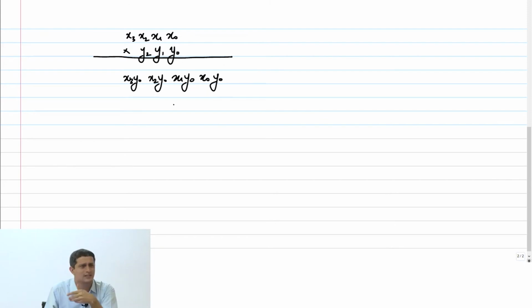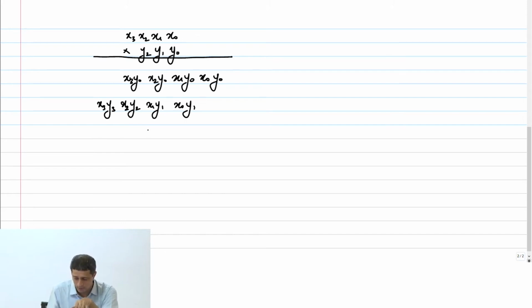This is exactly like how we do normal multiplication. So the second row will be x0 y1, x1 y1, x2 y1, x3 y1. Sorry, I need to do x0 into y1, so that is x0 y1, and then x1 y1, x2 y1, x3 y1.